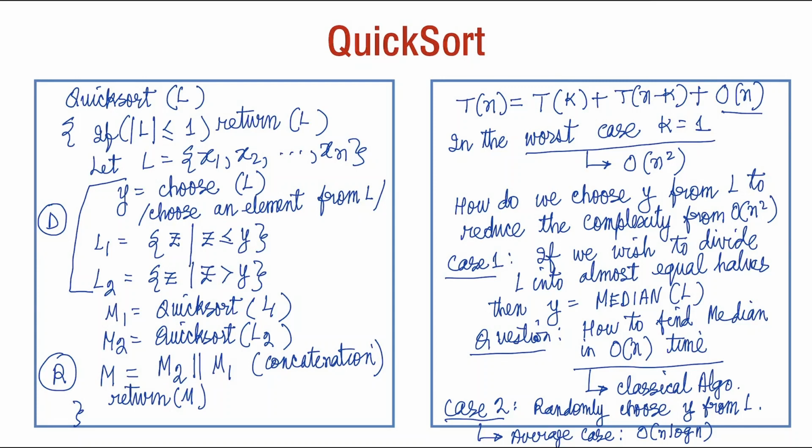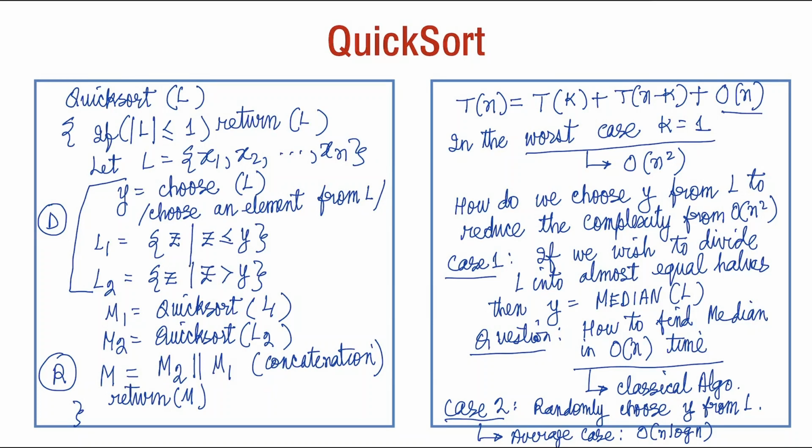So if we look at quicksort, and I recommend you look at the book, the finalization of quicksort has two options. One option is that we want to avoid the worst case. We can find the median in order n time, and to do that we have to use a very sophisticated algorithm, which we shall discuss later on.